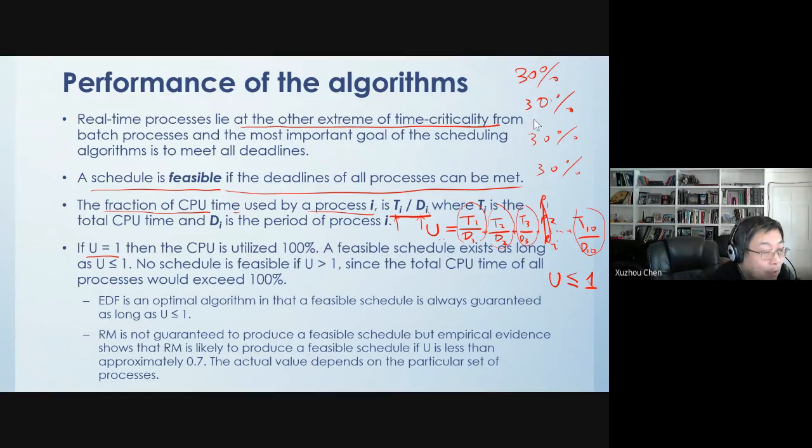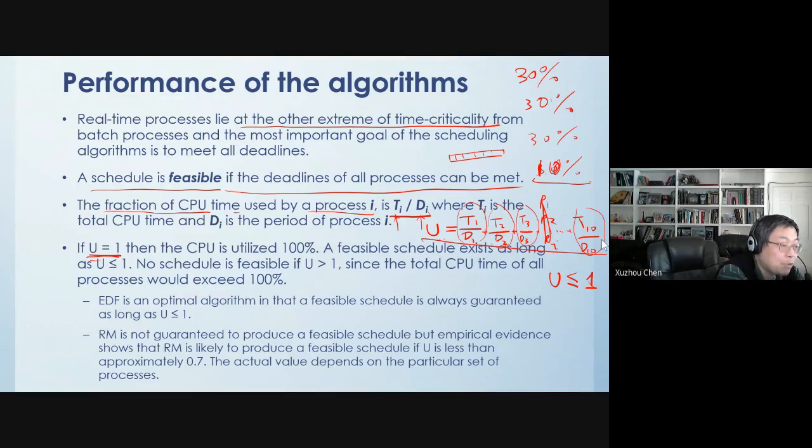So the maximum process 4 can get is 10% of the CPU. Each process only uses a fraction of the CPU time. So U is called the total CPU utilization.